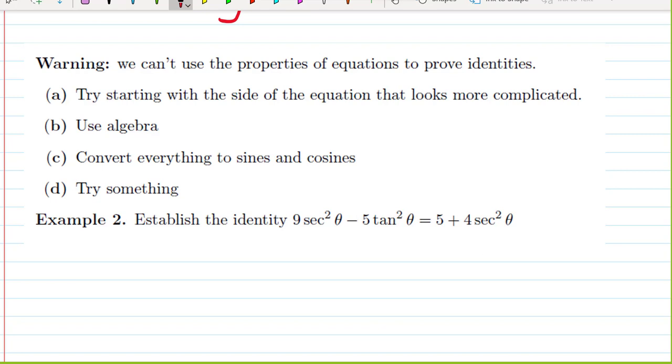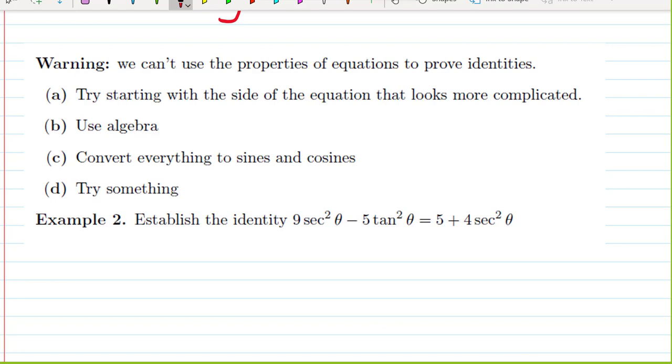And it is not uncommon to have to try an identity several times before you get the right path. Also, when I say the right path, I'm going to use that rather loosely because there are an infinite number of ways to get from A to B. So if you're working with someone else, they may prove an identity in a different way than you do.